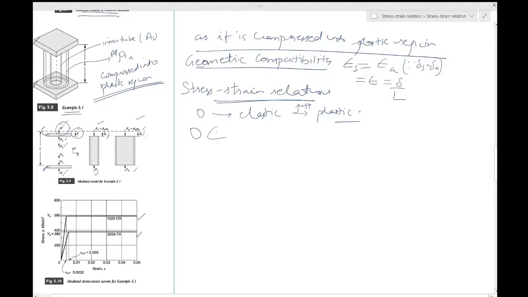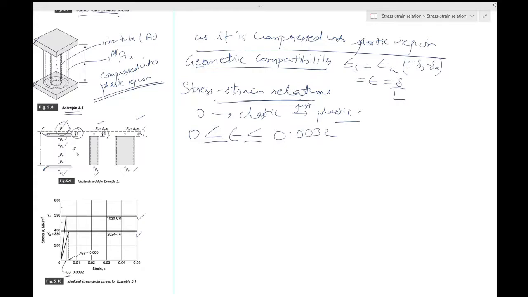So the strain is between 0 and 0.0032. Why is this important? Because at this value, the yield strength of the steel is reached. Okay, so that's why I have first considered this interval.